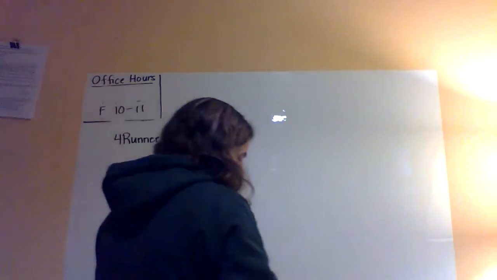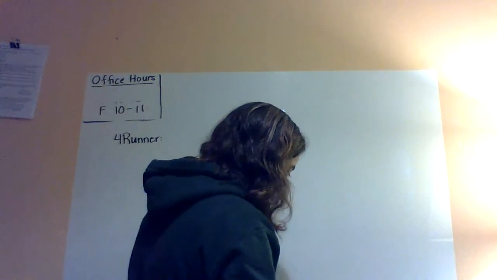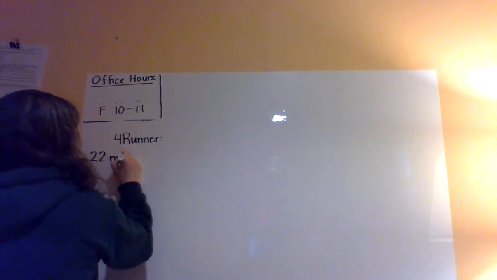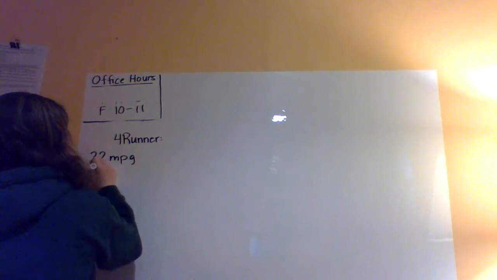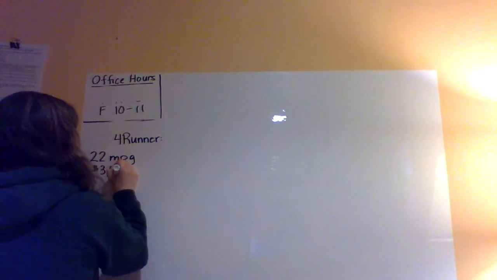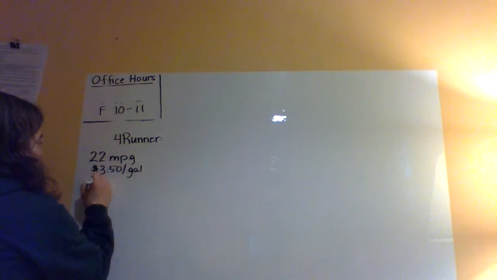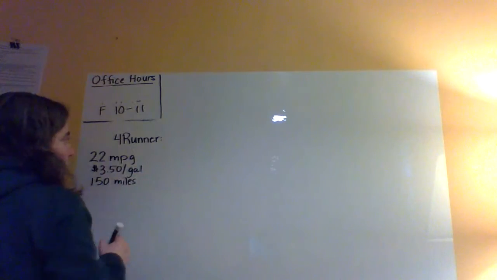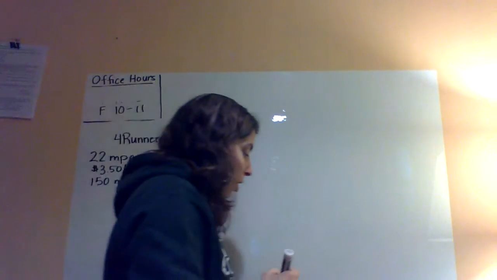Okay, so her 4Runner gets 22 miles to the gallon. Just going to put this over here. And we know that gas is $3.50 per gallon. And she is driving 150 miles in this scenario. All right, so let's figure out what the cost of gas is.